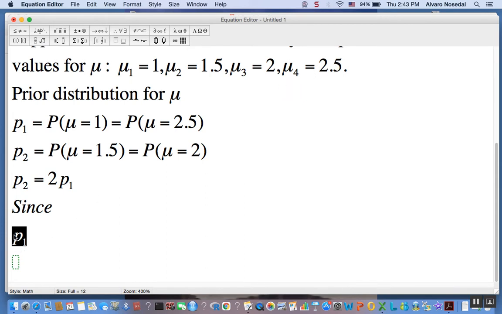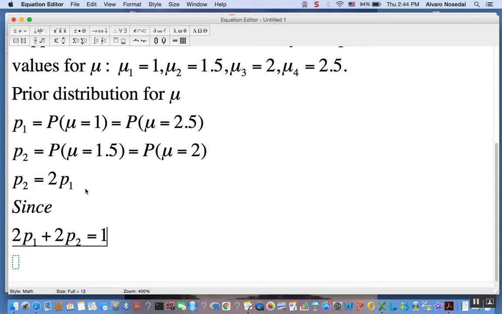Okay, so we have 2 times p1, and we have 1 p2 for mu3, and we have 1 p2 for mu2, right? So the sum of those guys must be equal to 1, right?